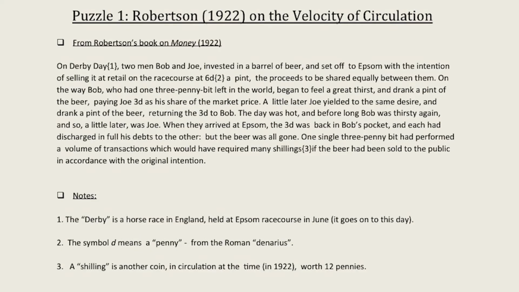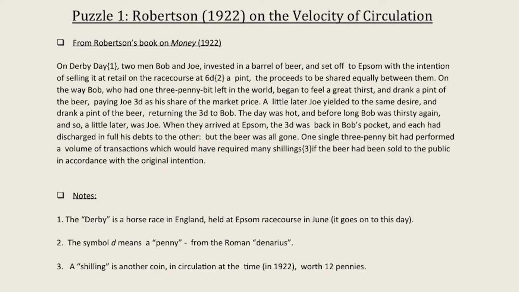The first one is an archaic one, actually, puzzle number 1. It's by the Cambridge economist Dennis Robertson, writing in 1922, essentially on the velocity of circulation of money. And this illustrates, if you like, the neoclassical theory supremely well. And I'll just read it.